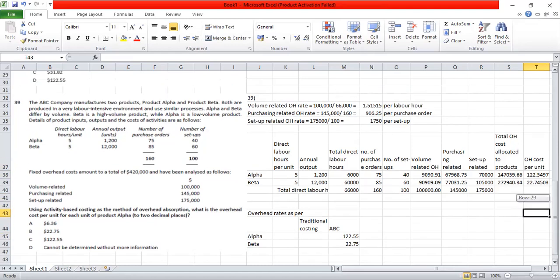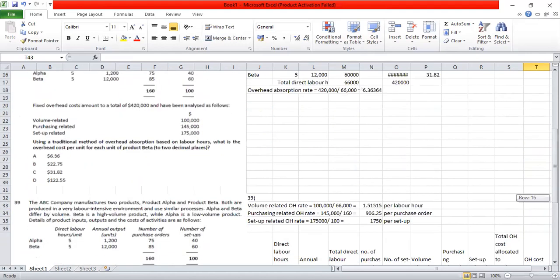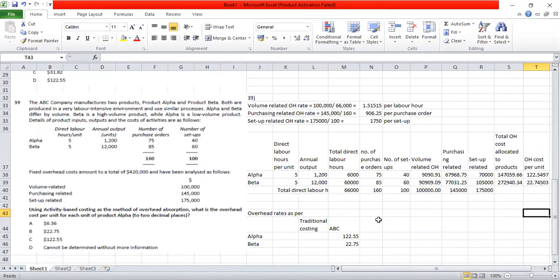Then comes the traditional costing. We've also done the traditional costing. For both of them, we got it as 31.82. You see that, 31.82. So let's write it here 31.82, here also 31.82. What do we see?